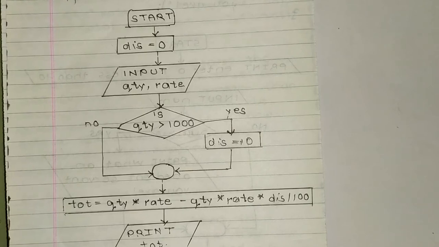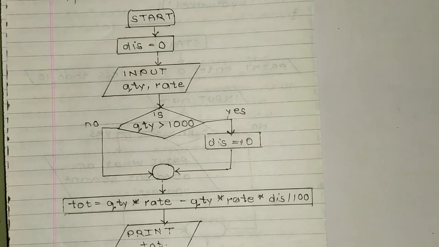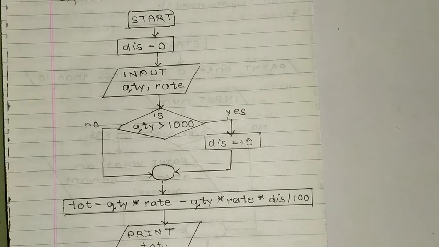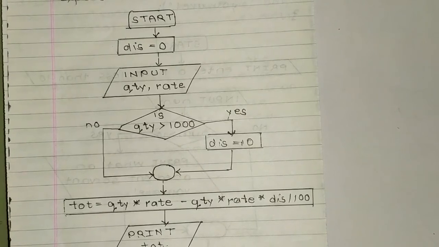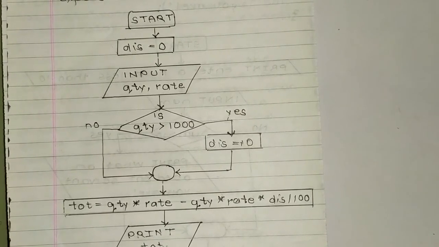So until this point, first we are starting, then we are giving discount equal to 0, that is the initial discount. Then we are scanning inputs which are quantity and rate.